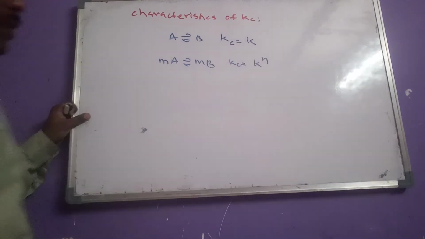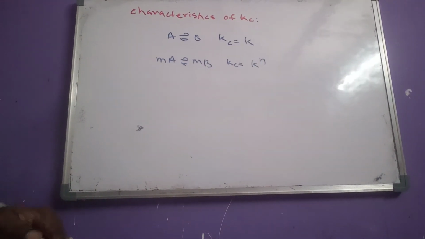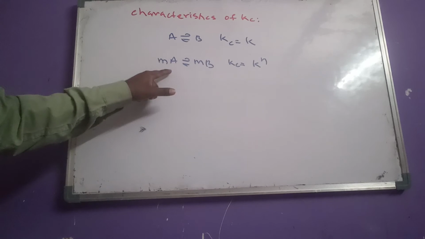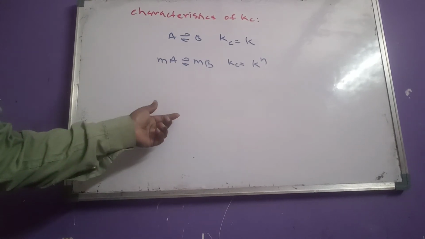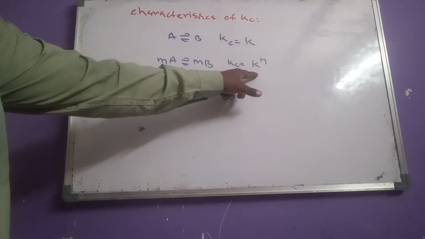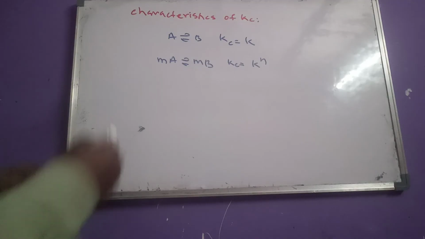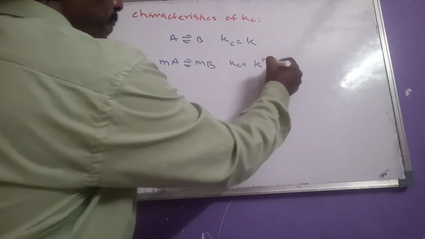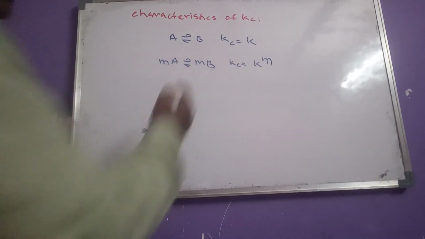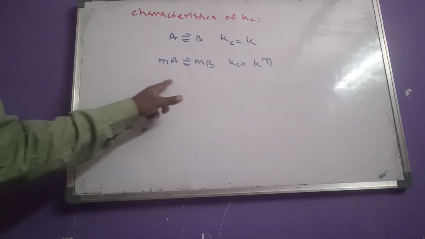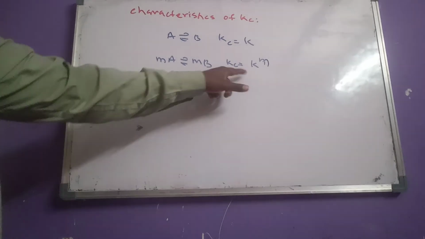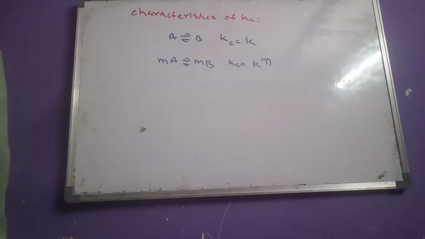K power m, because we multiplied with m. So if the reaction has been multiplied with m factor, Kc value will become K power m.